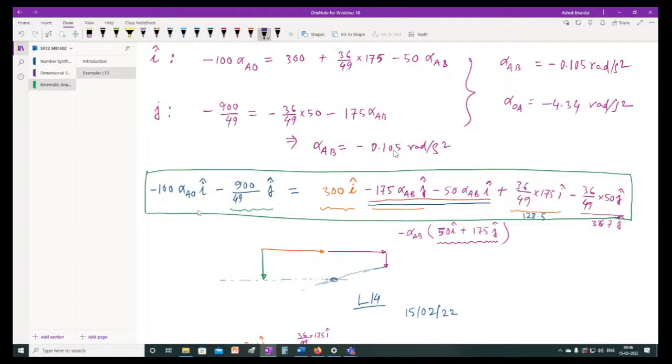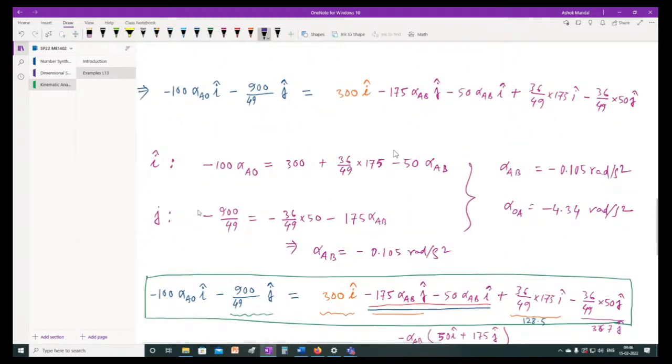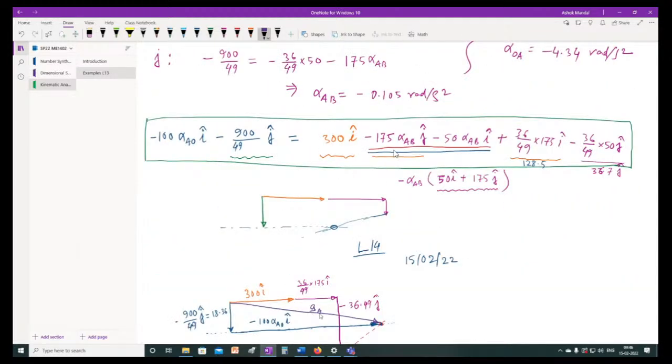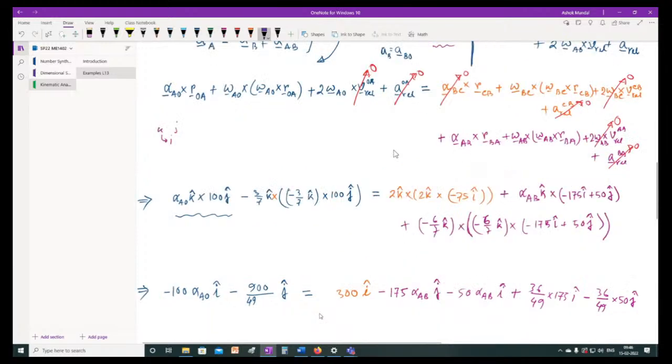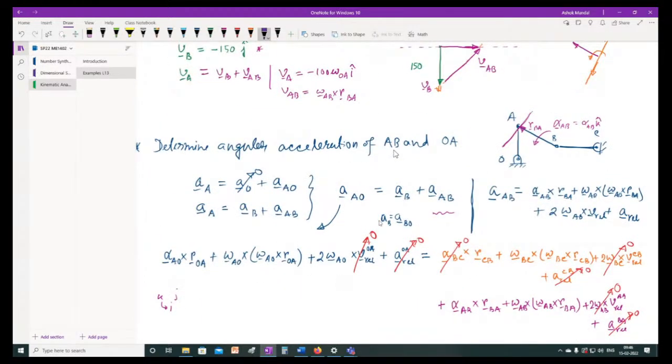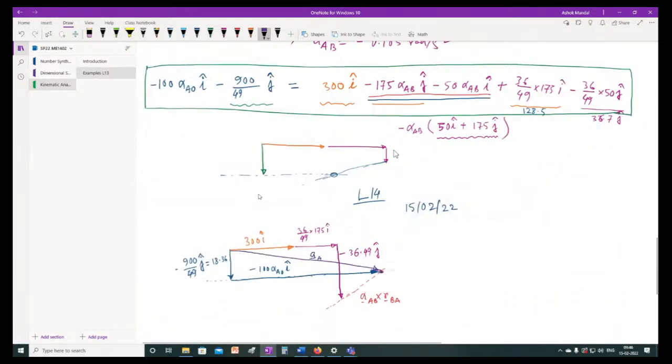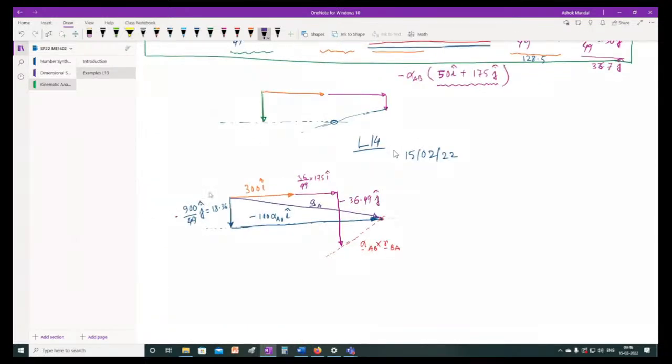Okay. O point's acceleration is 0. That means that is the acceleration of point A. And that's what we have discussed in the last class. Acceleration of A is nothing but acceleration OA or AO, whatever it may be. Okay. So this diagram, you have learned how to draw in your previous semester, right?